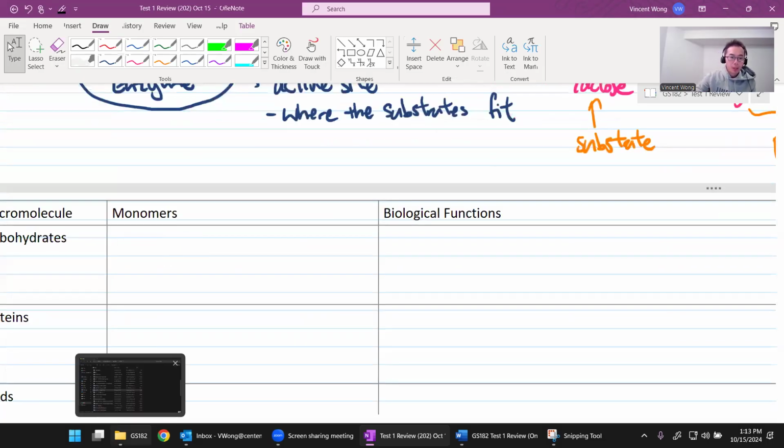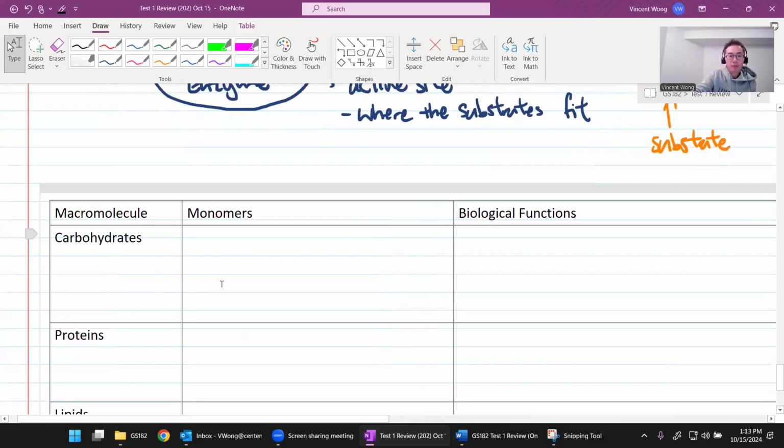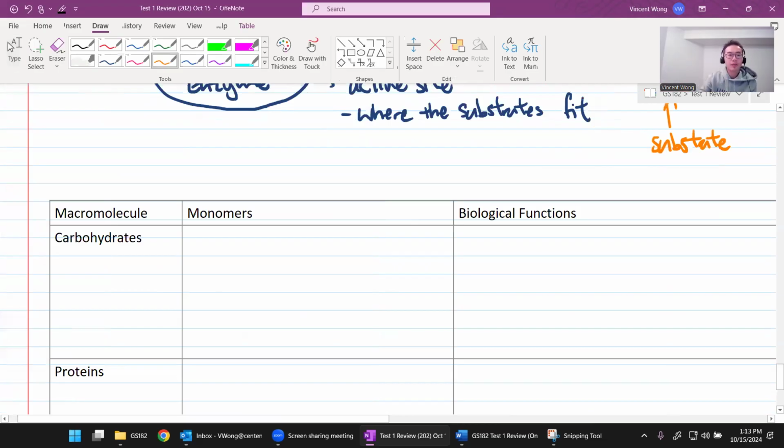Okay, monomers. For carbohydrates, the generic name for all the monomers is monosaccharide. The single sugar, right? And of course, we actually learned 3 specific examples of monosaccharides.